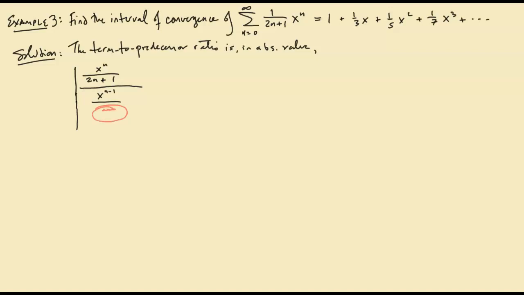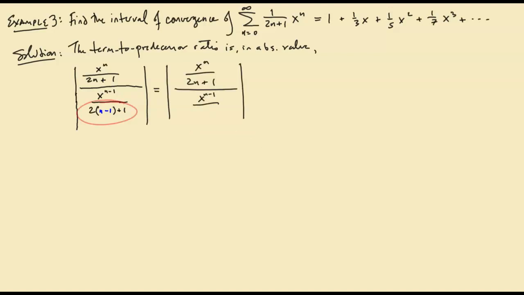It's not correct because you get to the predecessor by letting the index be n minus 1, not from subtracting 1 from whatever is there already. In other words, 2n plus 1 should be 2 times the quantity n minus 1 plus 1, which shakes down to something other than just 2n. Everything else stays as is, but this simplifies to 2n minus 2 plus 1, which is 2n minus 1. So be careful not to be the one to make that mistake there.